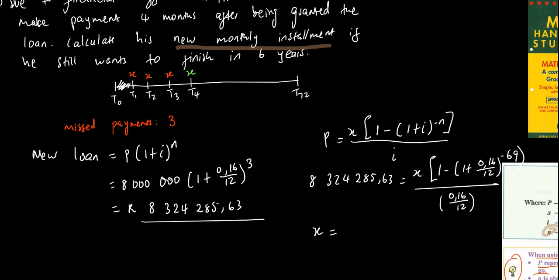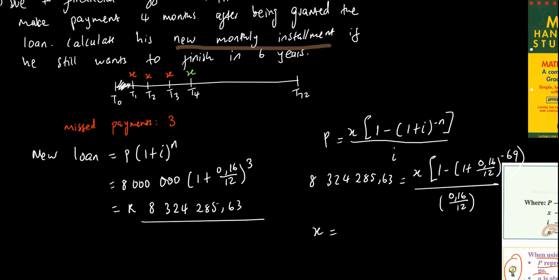So it's going to be 8,324,285.63 multiplied by 0,16 over 12, and then all over 1 minus (1 plus 0,16 over 12) to the power of minus 69. Then you close the bracket. Now check how much I'll be paying, guys.